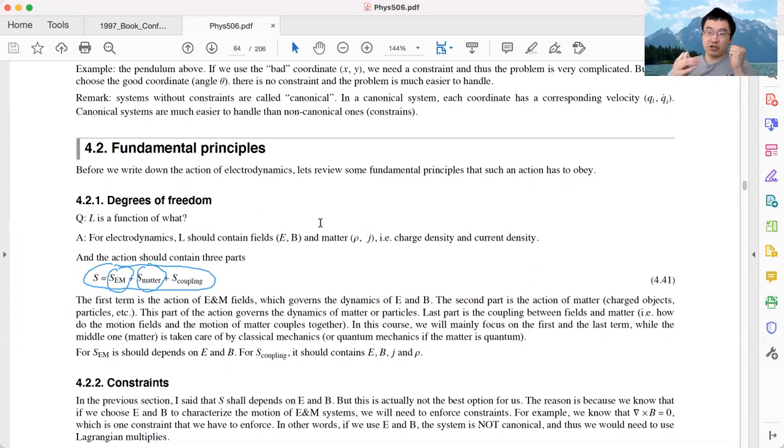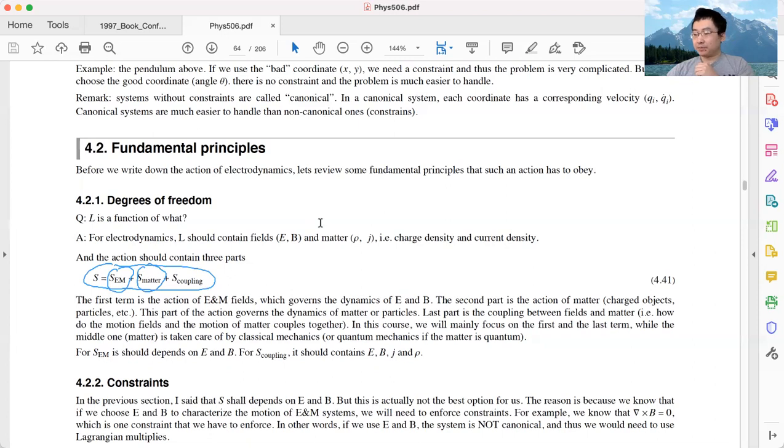They come from charged particles, charged objects, and the motion of charged objects. So we need those charged objects to generate this E and B field. So the action must contain one part that describes the motion of those charged particles or charged objects.